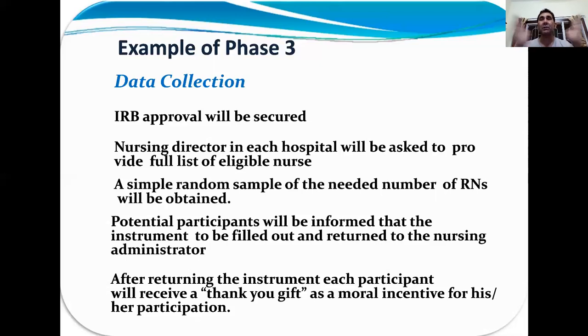A frame is the list of all the charge nurses working in the PIMS hospital. If 500 or 600 nursing staff are working there, you will randomly select a sample size of 300 from the frame of charge nurses.